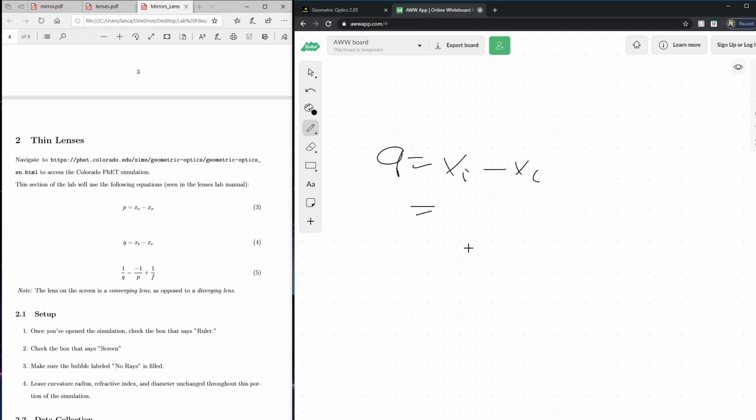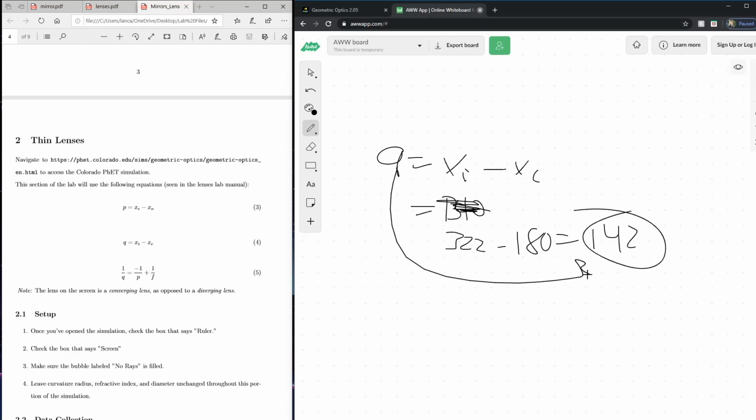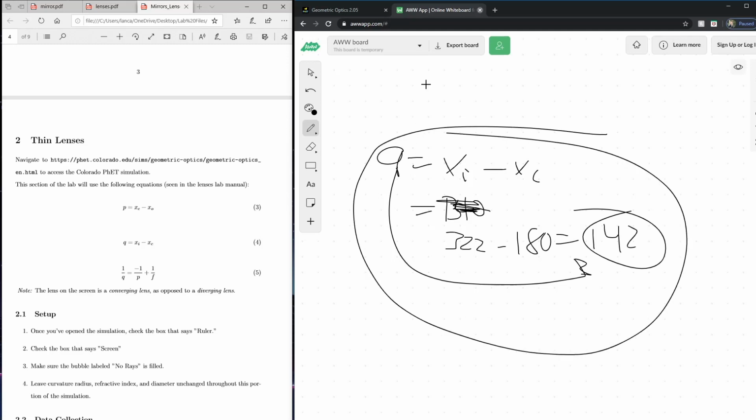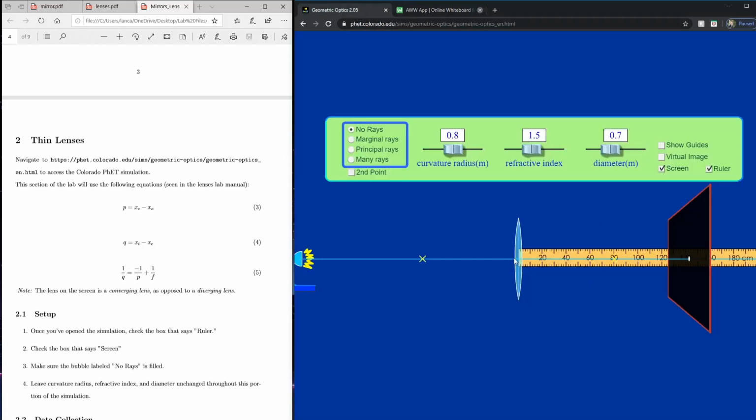And in this case, we've got x sub i being, sorry, 322, my bad. 322 minus the position of the lens, which is 180, which is about 142. That should be equal to Q here. So you're going to show this at least once on your lab reports, and we'll be good to go.